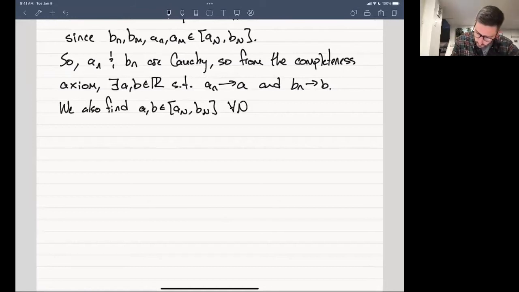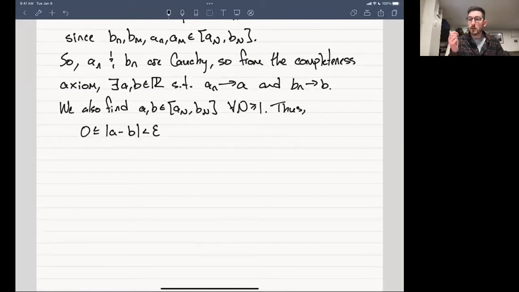And this is for all capital N greater than or equal to 1. And so thus, the distance between these 2 points in absolute value is less than epsilon, because the width of the interval A capital N to B capital N can be made as small as possible. And this is true for all epsilon greater than 0.